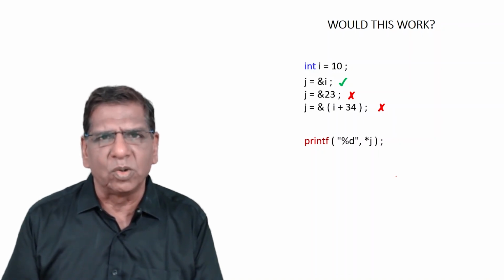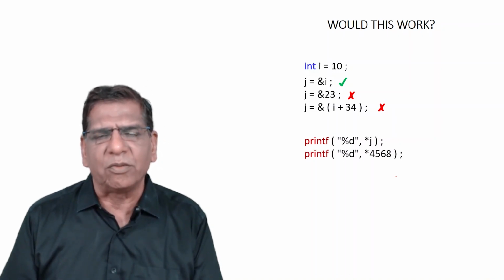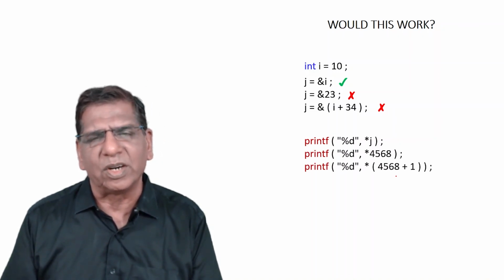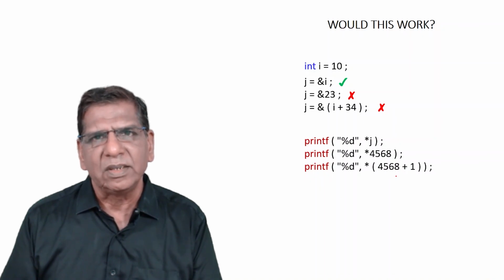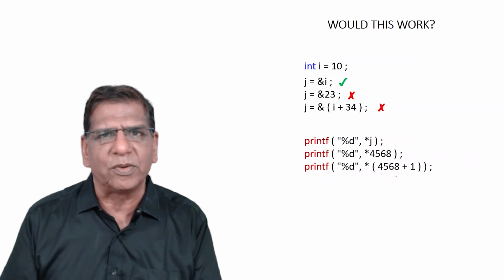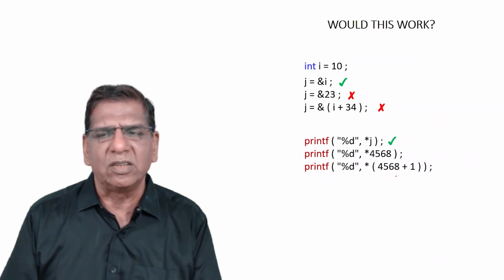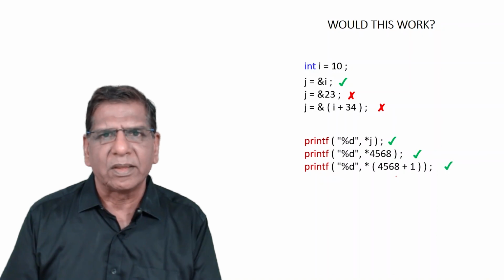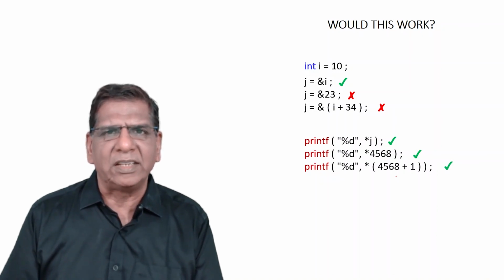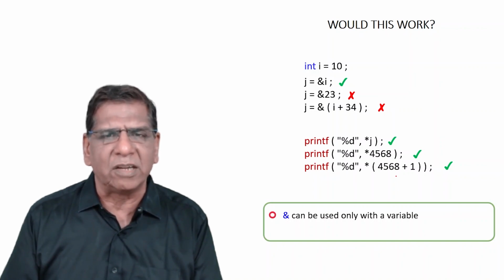Let's look at what is the story with star. *j you can do, *456 also you can do, *(456 + 1) also you can do. Means star can work with a variable like j or a constant like 456 or an expression like 456 + 1. So first is okay, second is also okay, third is also okay. So if I am to generalize, I can say that & can be used only with a variable, never with a constant, never with an expression.